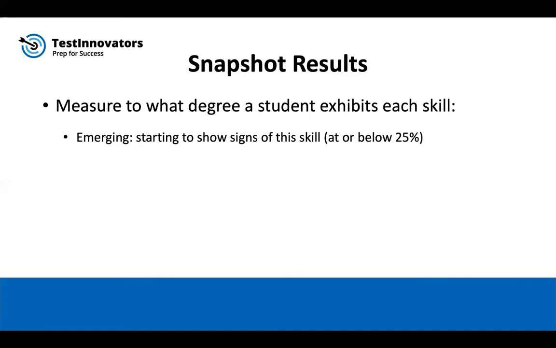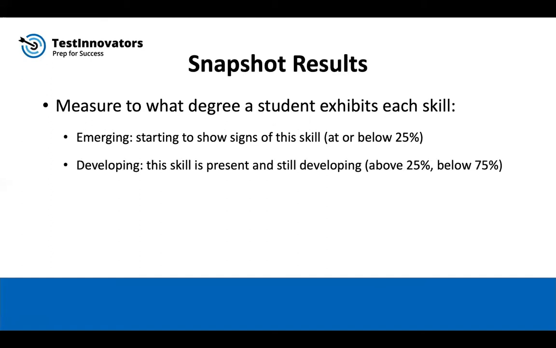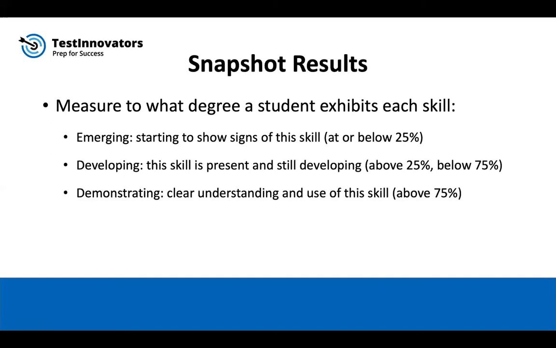So that's for a student who's at or below the 25th percentile for that skill. Developing means that the skill is present, still developing, and that's between the 25th percentile and the 75th percentile. And then demonstrating means that the student has a clear understanding and use of that skill. That's for students who were above the 75th percentile for a specific skill.